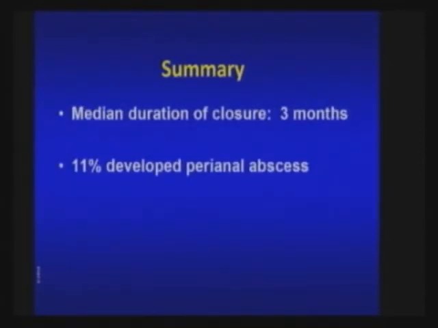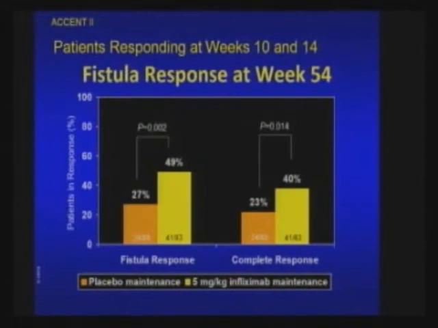The mean duration of closure in that study, and those patients were just given 3 doses, was only 3 months, and 11% of them developed a perianal abscess. The Accent 2 trial was designed so that the patients who responded initially to infliximab were then randomized to either get ongoing infliximab or placebo.